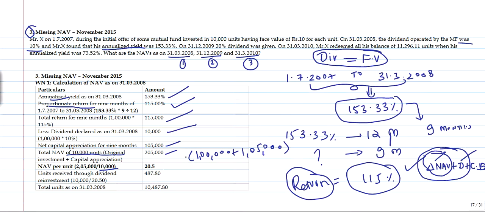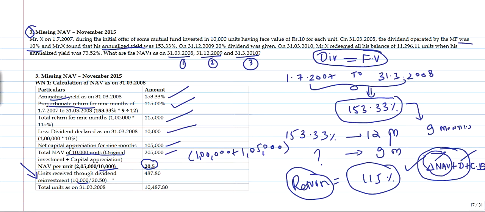So what are the units received? Dividend reinvestment. Dividend is not taken home, it is reinvested, correct? It is mentioned here that the dividend declared by the MF was 10%. So it means it is added to the units, reinvested. So we are getting 10,000 rupees on this NAV as on 31st March 2008.